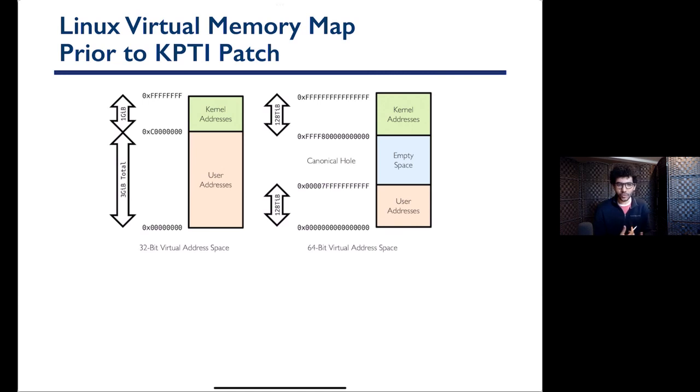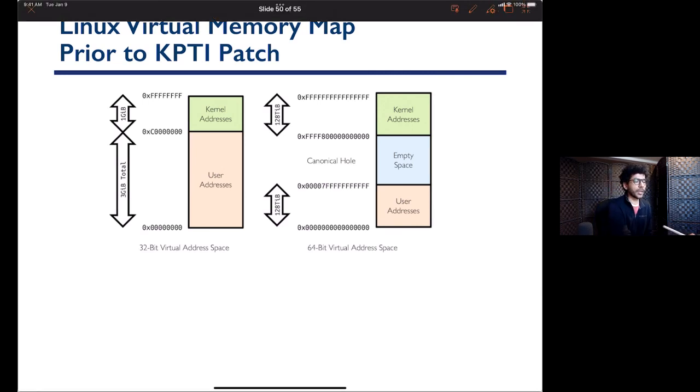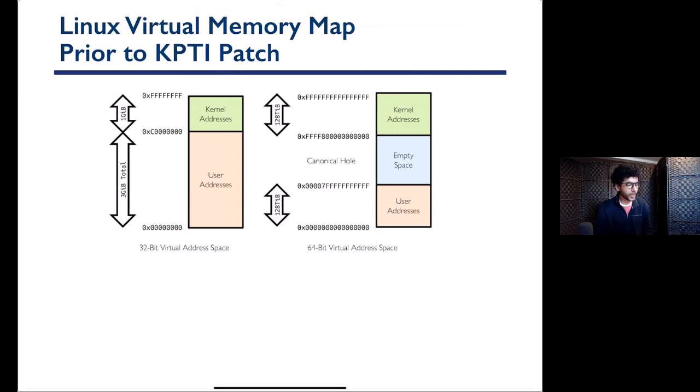So basically, this restricts processes in terms of their usage of their virtual address space. We already saw that in a 64-bit system, you can go all the way from 0 to 2 to the 48.